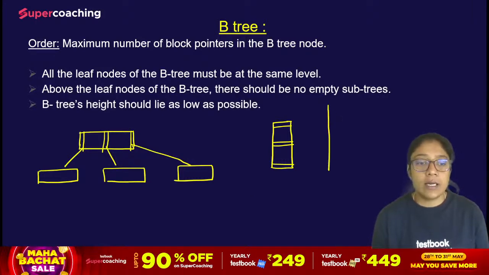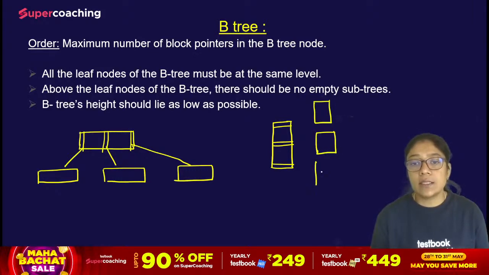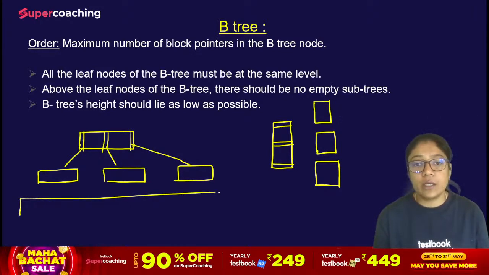This is your index file. Here we have one block, here we have another block. This is how we had seen the index file. और यहाँ पे आपके पास, here you have the database file.